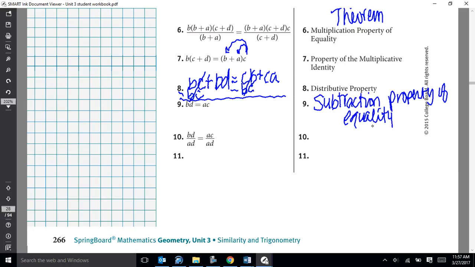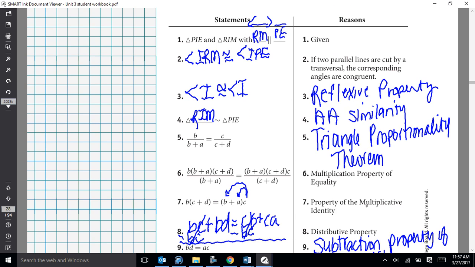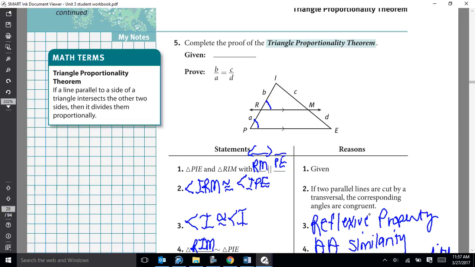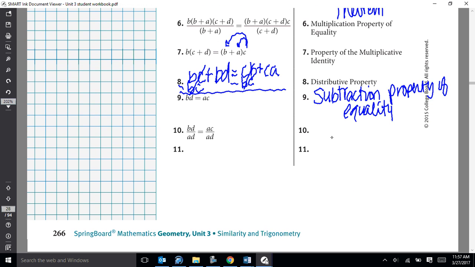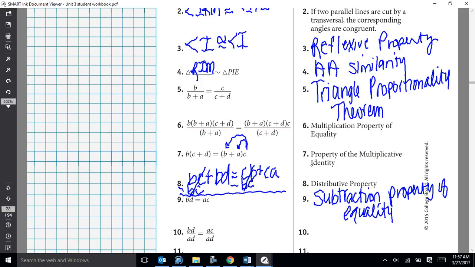From here to here, what happened? BD, where did AD come from? BD, AD. So we have some more triangle proportionality going on, right?